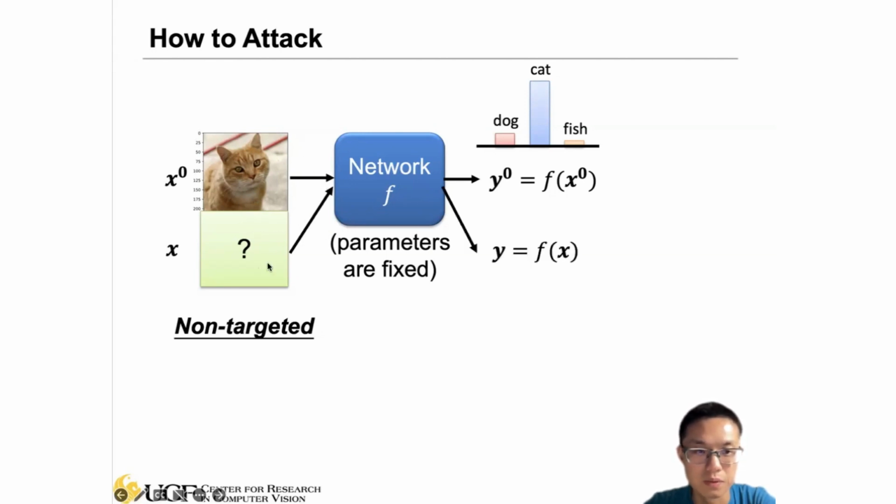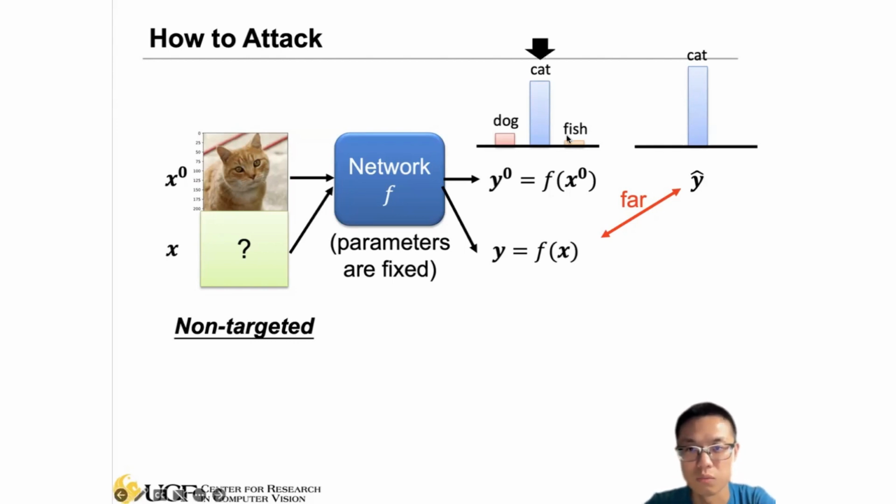So if we add the noise, the image goes through this network and we generate a label Y. And we want this Y as far away from the ground truth, which is the cat. Just for simplicity, this X should be X0 plus X. That's the noise we add to the image, and the resulting image has the label Y, and we want this label Y to be as far away as possible from the ground truth, Y hat.